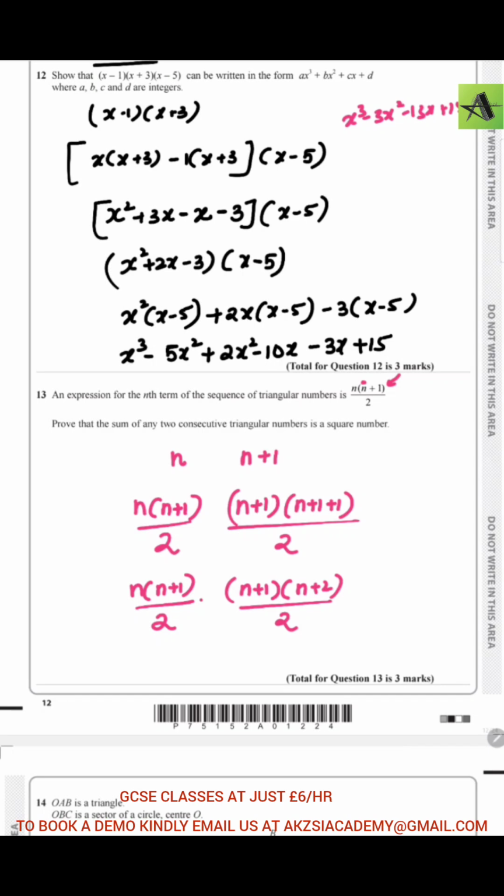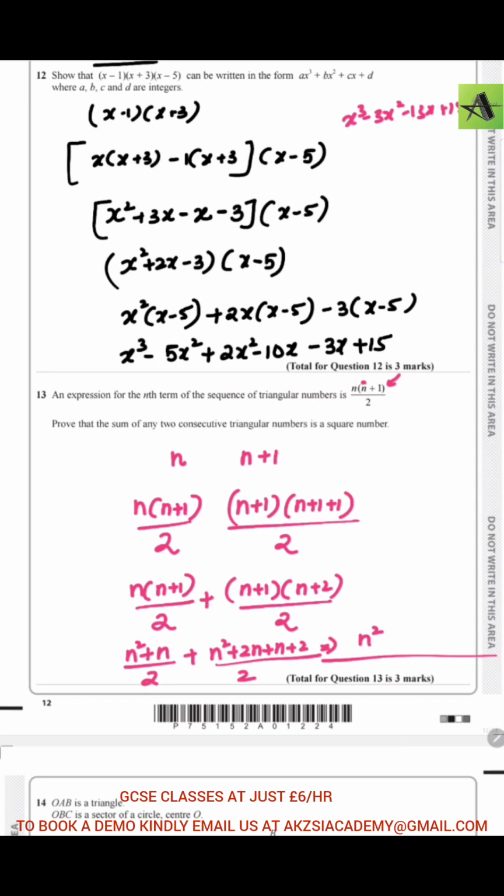And now we have to add them up. So this would be n squared plus n over 2. And this would be, we have just seen how to multiply double brackets, n squared plus 2n plus n plus 2 over 2. Further on, because we now have the same denominator, I can add them up.